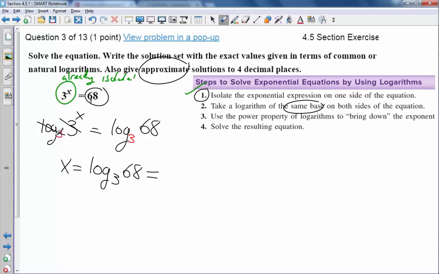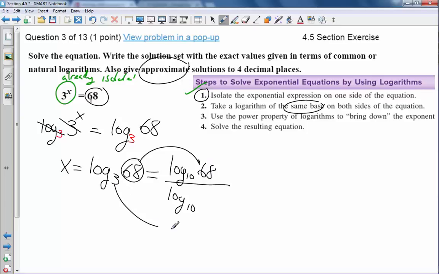If you choose log base 3, you need to go with change of base to approximate it. Our calculators have log base 10 or ln. You have 2 options. You can do log base 10 or ln and put 68 on top. This is the change of base formula. All we need to do is compute these 2 and divide one by the other.